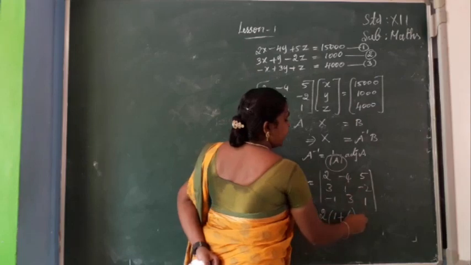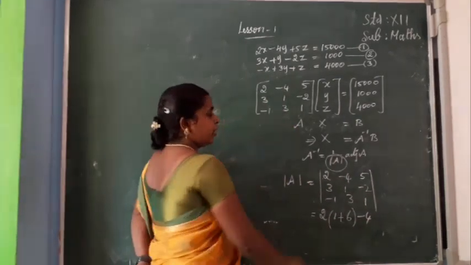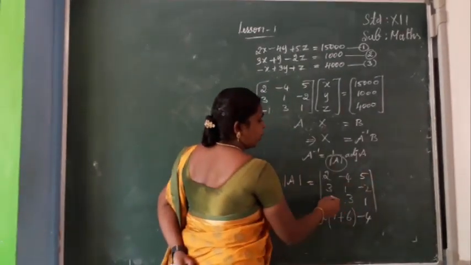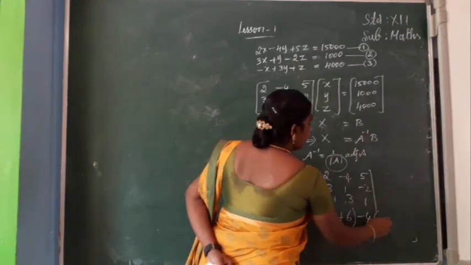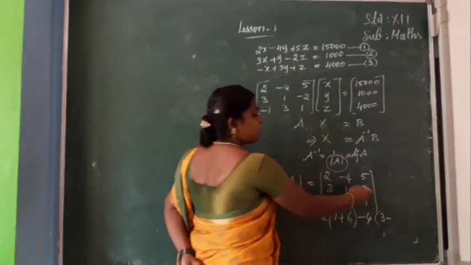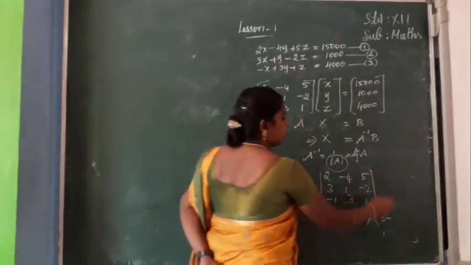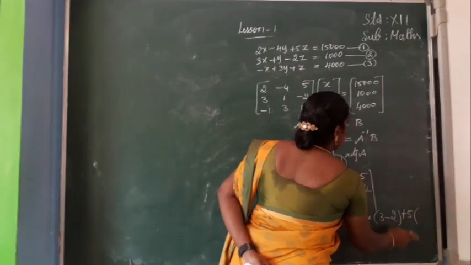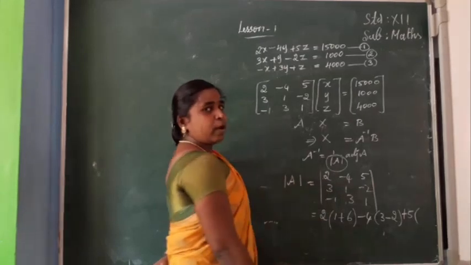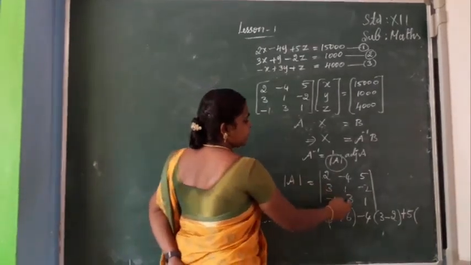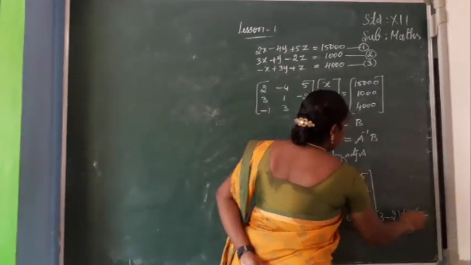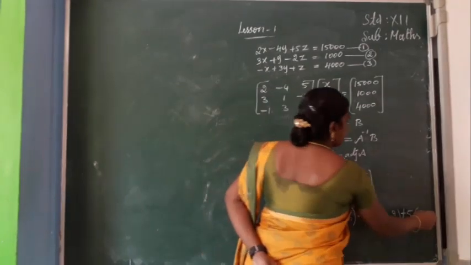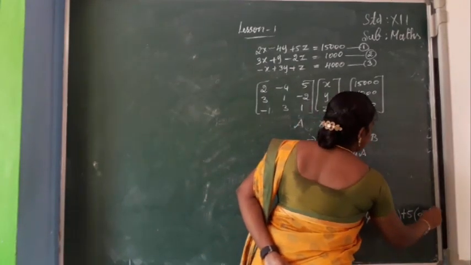Next term is minus 4 into 3 into 1 is 3, plus 1 2 is 2. The third element plus 5 into 3 3s are 9, minus 1 into 1, plus 1.